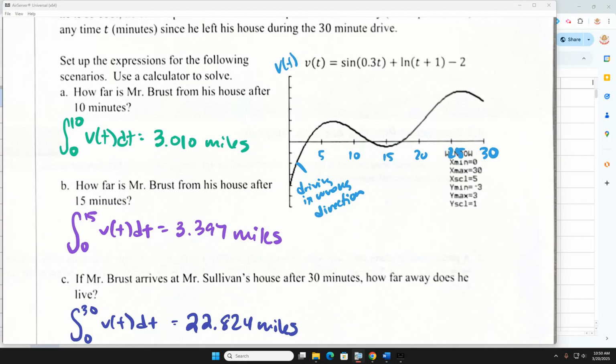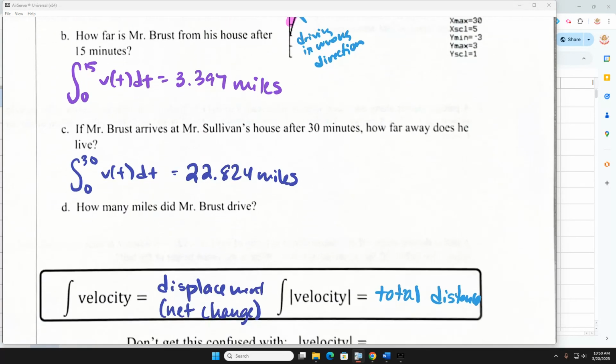And so these areas down here that we would subtract, they actually get bumped up to become positive areas. And same thing right here, where I would subtract that, is going to get bumped up to be a little positive area. But when you're using a calculator, it's super easy.